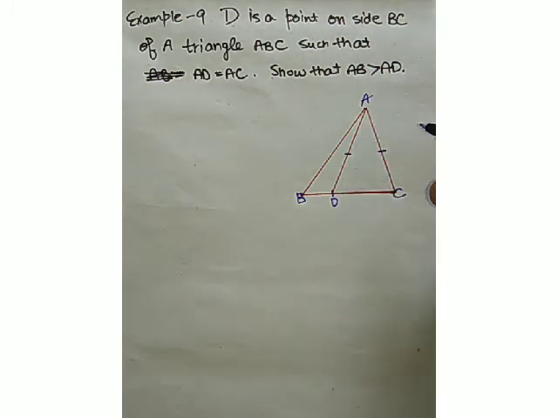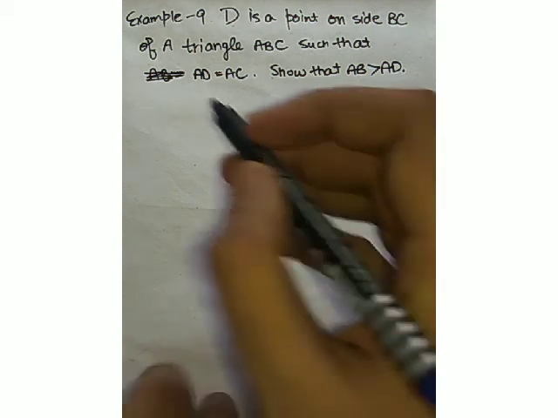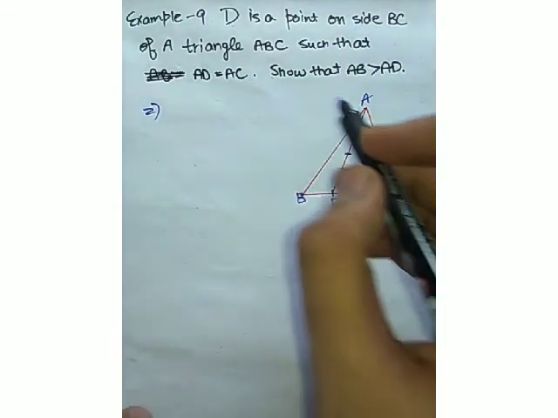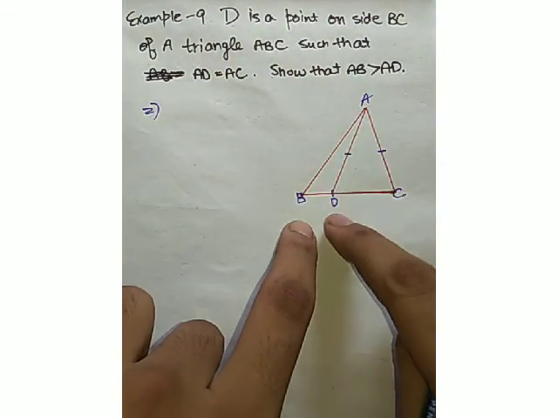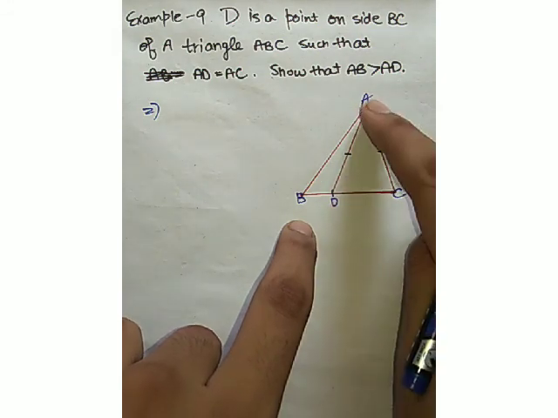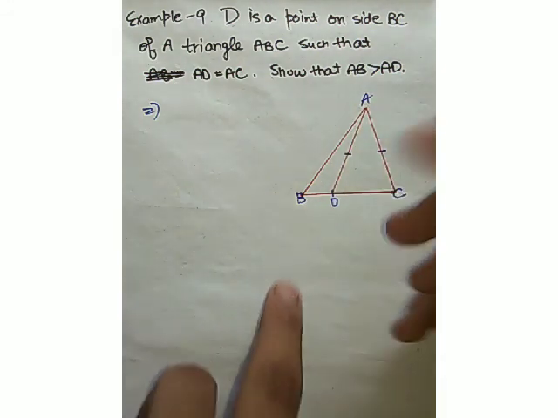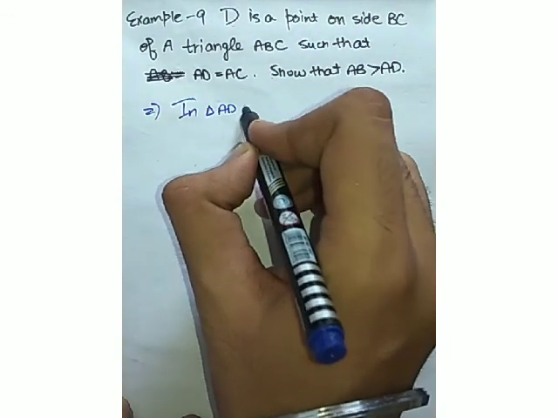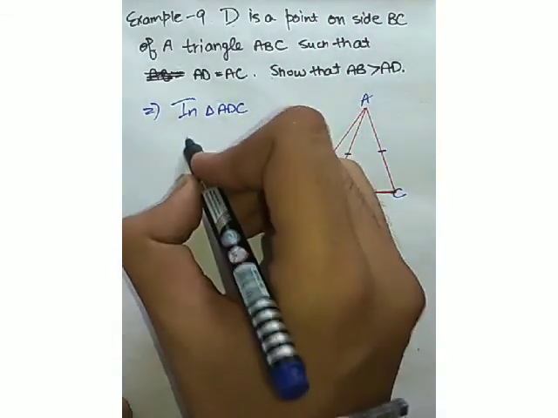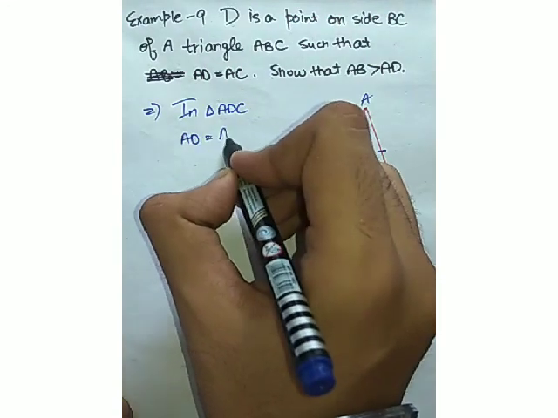Alright, so we'll be using some of the results which are already given and some of the results that we have just studied. Firstly, from where do we start? We will take the triangle DAC because some of the sides are already given. So we will write in triangle ADC, AD is equal to AC.